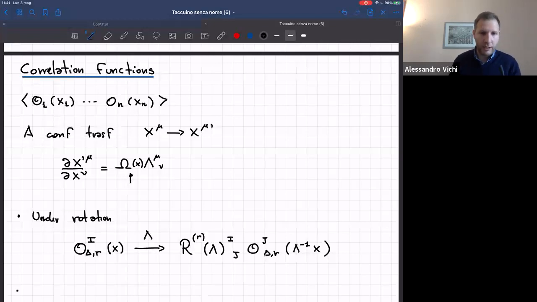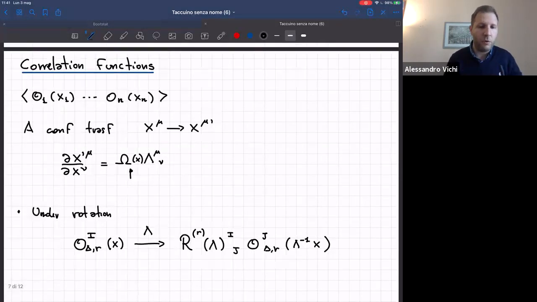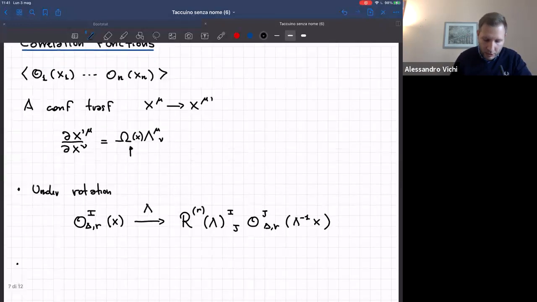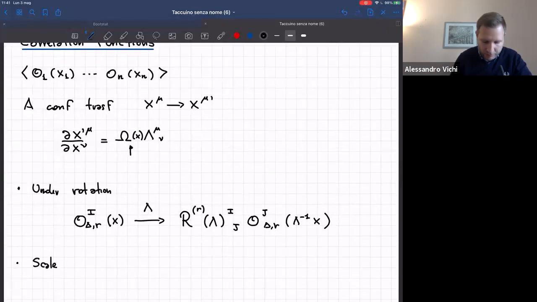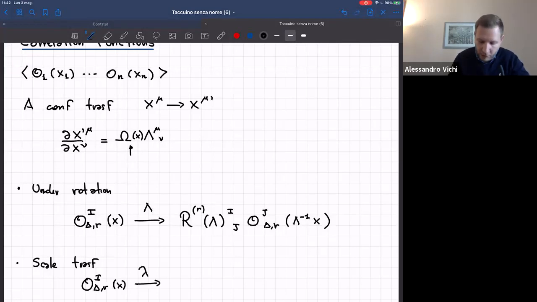Now, similarly, under scale transformation, you can intuitively understand that when you have scaling invariance, a good quantum number is indeed the dimension of an operator, for instance, dimension in energy. So under scale transformation, an operator O with mass dimension delta will rescale. If I make a transformation lambda, this object will pick up a constant factor.